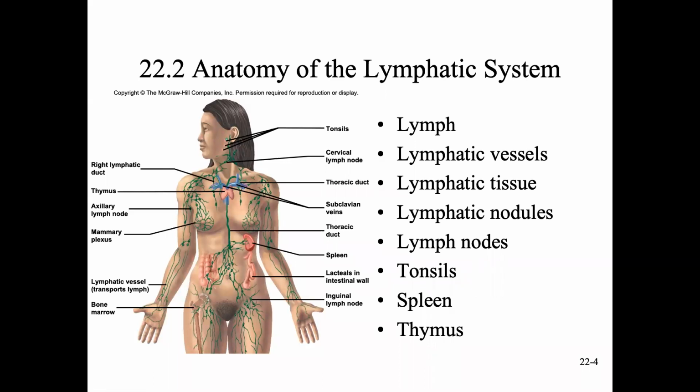So all of your upper right face and neck area, all that excess fluid will drain into the right lymphatic duct. The right arm and the right thorax also drain into the right lymphatic duct. So all that excess fluid goes into the right lymphatic duct, into the right subclavian, where now we can reintroduce it into your circulatory system.